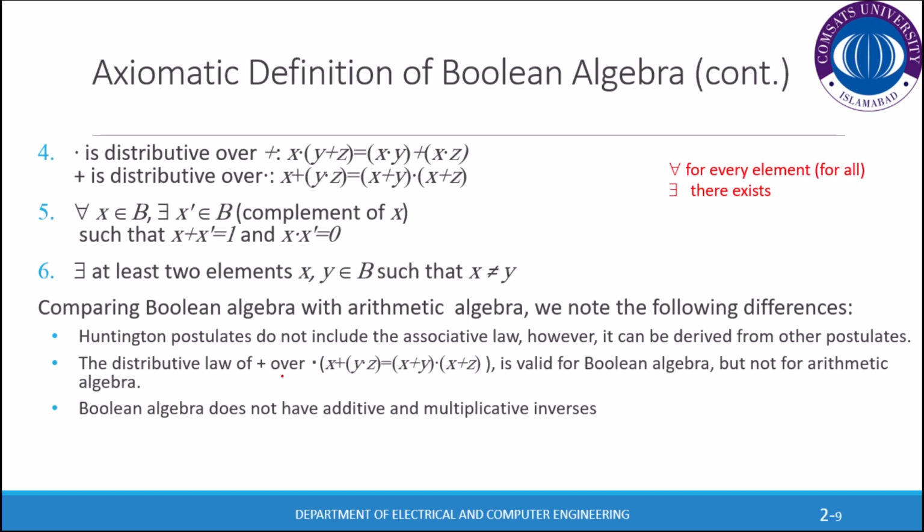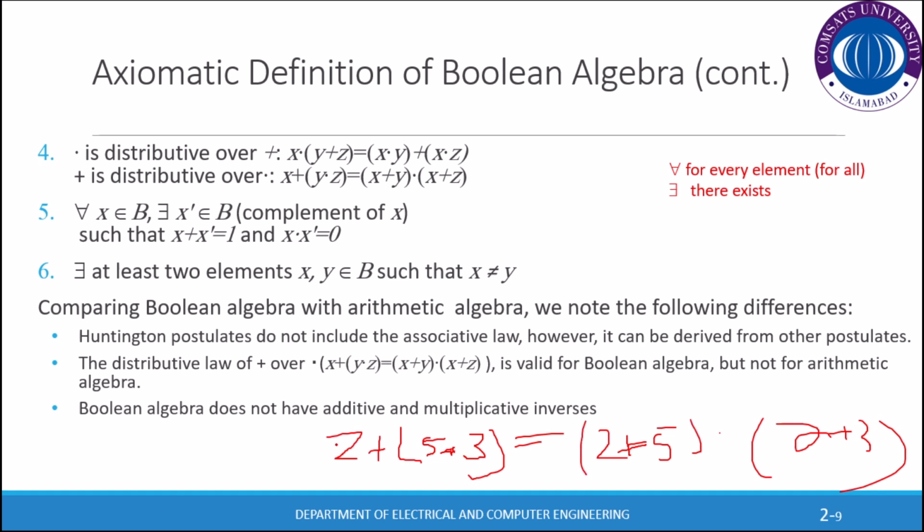The distributive law for plus over dot, x plus (y dot z) is equal to (x plus y) dot (x plus z), as we said here, is valid for Boolean algebra, but it's not valid for arithmetical operation. For example, if I have 2 plus 5 multiplied by 3, in Boolean we can apply this formula, but in normal arithmetic we can't write (2 plus 5) dot (2 plus 3).